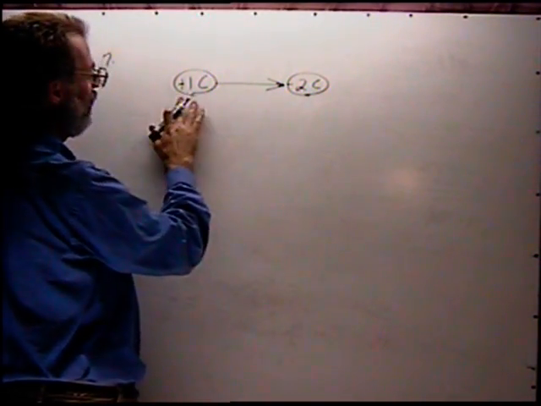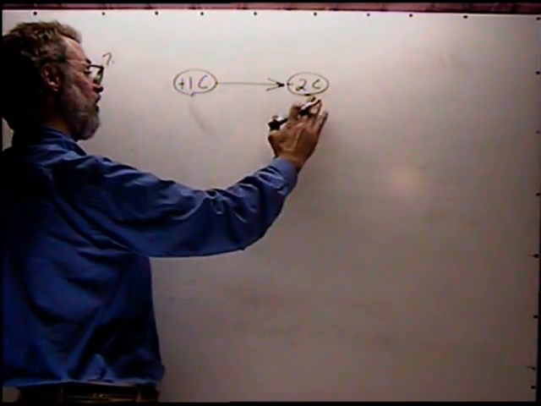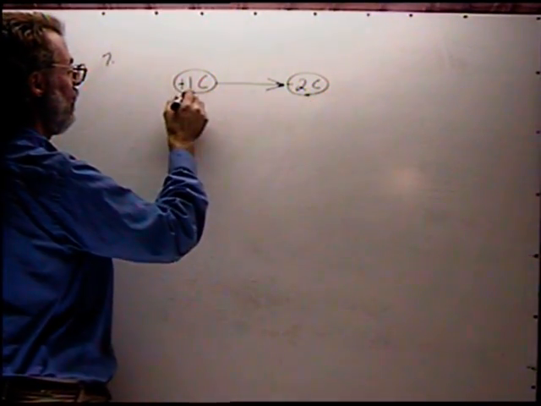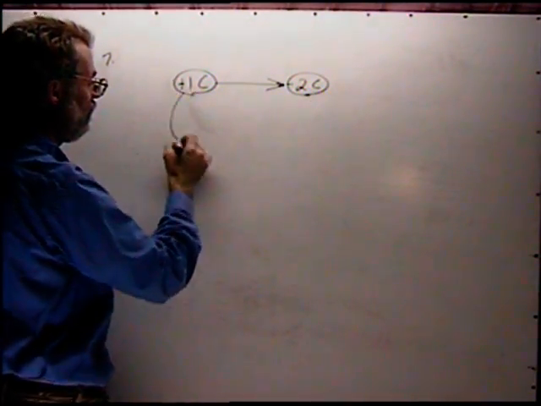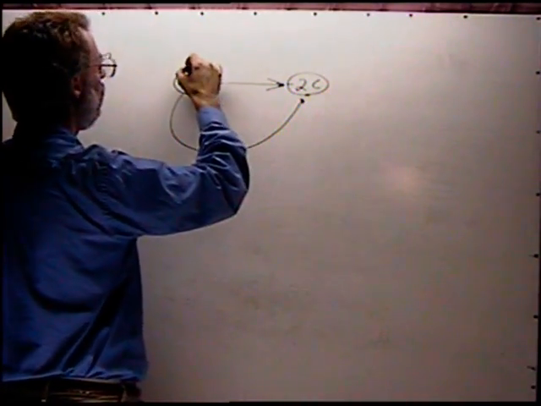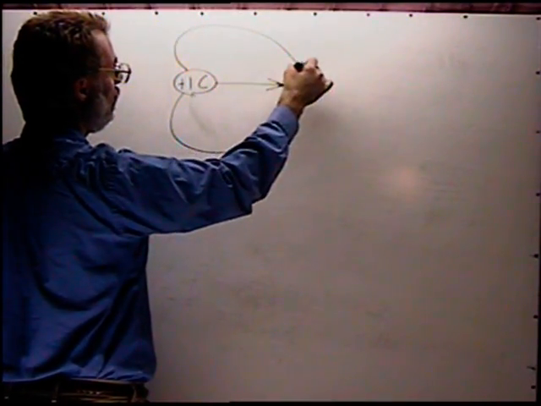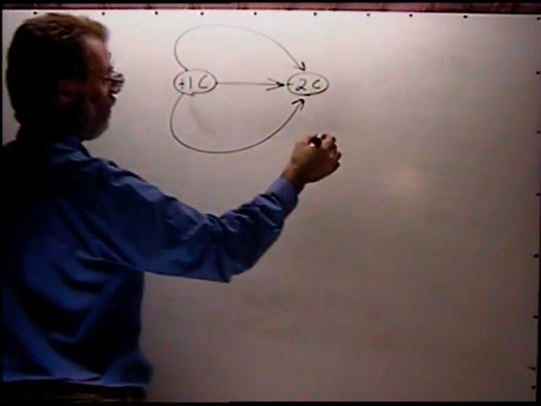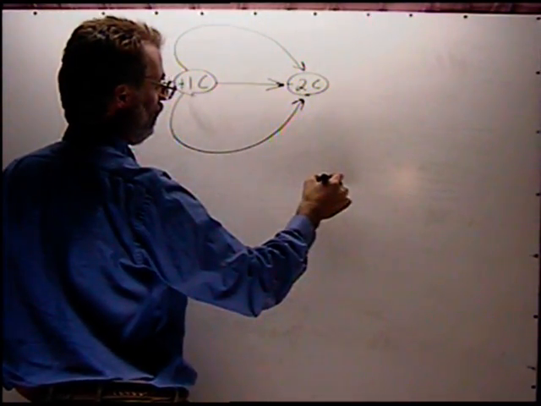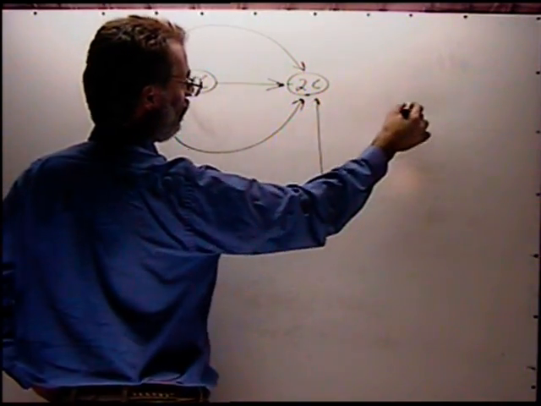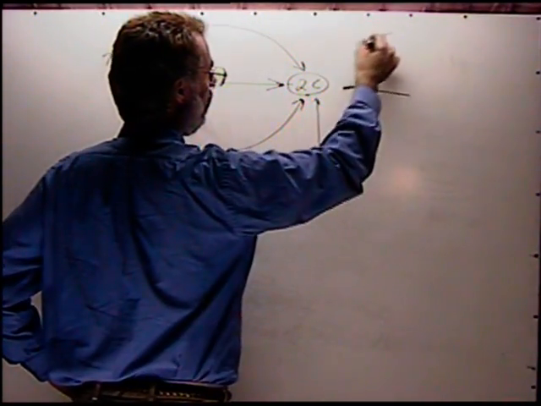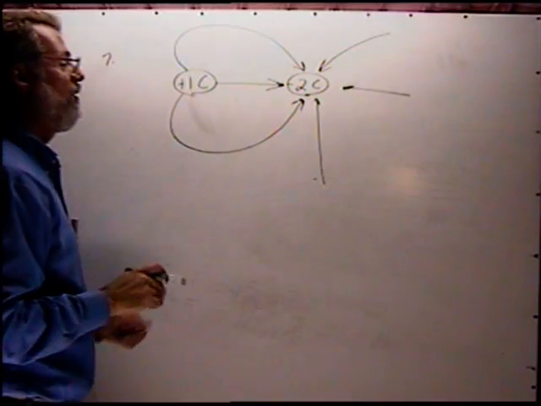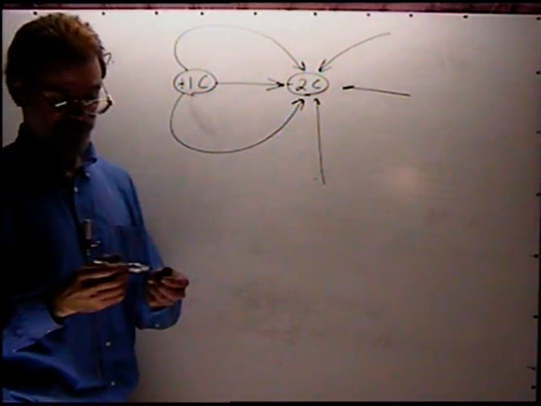If I make 3 lines coming out of here, I would make 6 lines coming into here. So I'm going to kind of make them equidistant. Notice there's 3 lines coming out of here, but there has to be a total of 6 lines coming into here, so I just kind of make them equidistant. So it would look something like that.